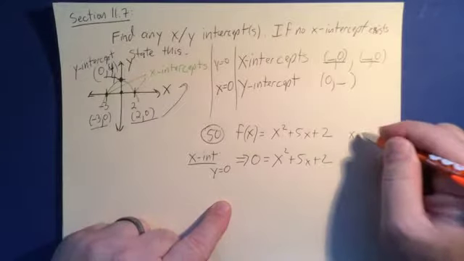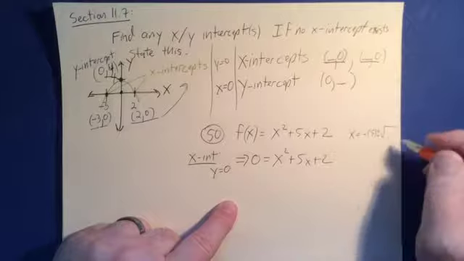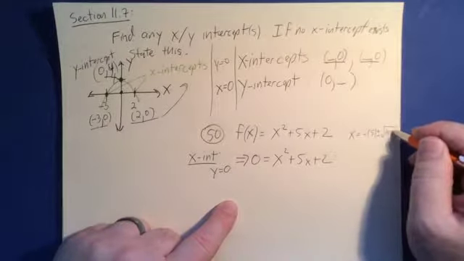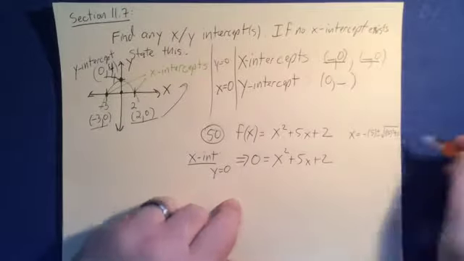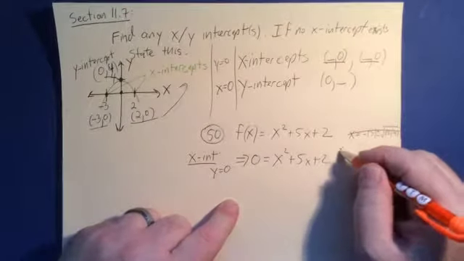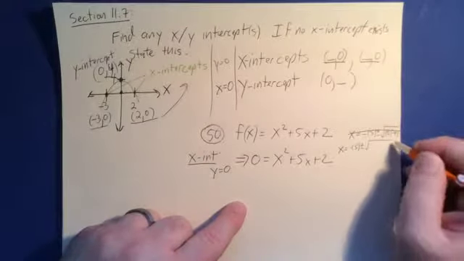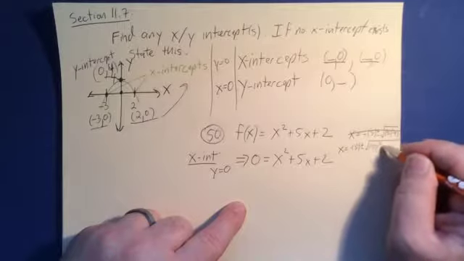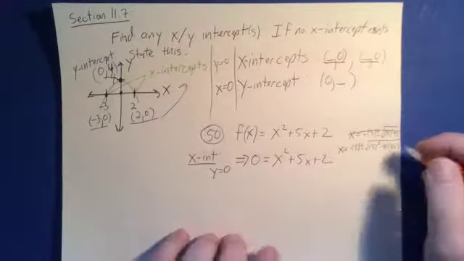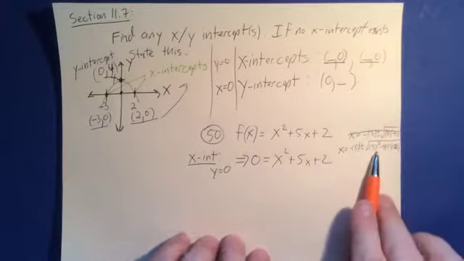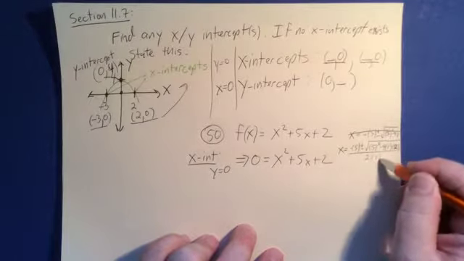So x will equal negative 5 plus or minus the square root of 5 squared minus 4 times 1 times 2. I'm running out of room here. Let me try this one more time. So x equals negative 5 plus or minus the square root of 5 squared minus 4 times 1 times 2, over 2 times 1.